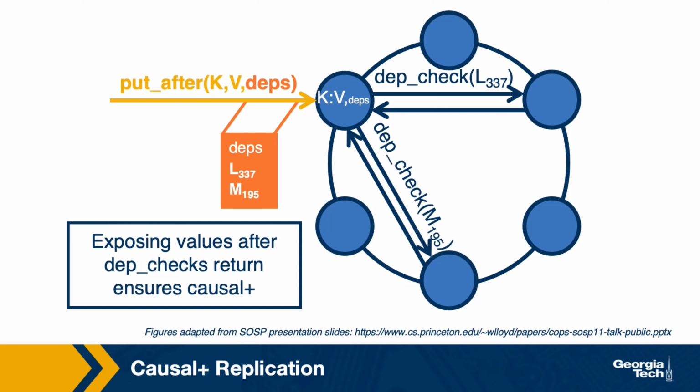This way, the remote object store can now perform dependency checks, and it will not allow this update of KV to become visible here until the dependencies have been satisfied, until the dependencies become visible. In this manner, this system ensures a slightly different model for consistency tracking, and this is what's called Causal Plus, which is the new consistency model proposed in this paper.